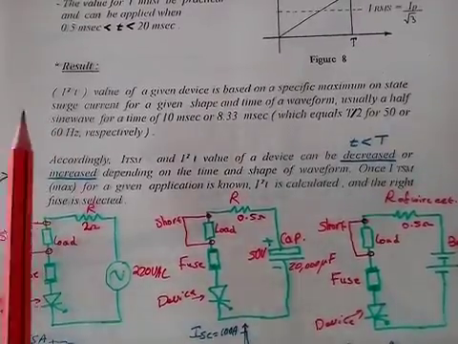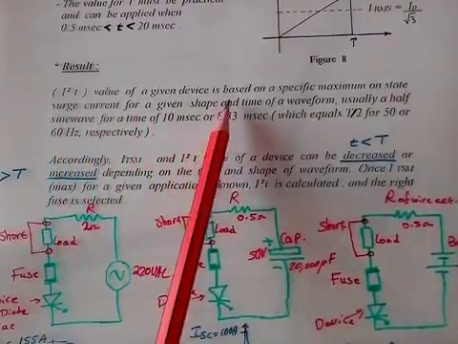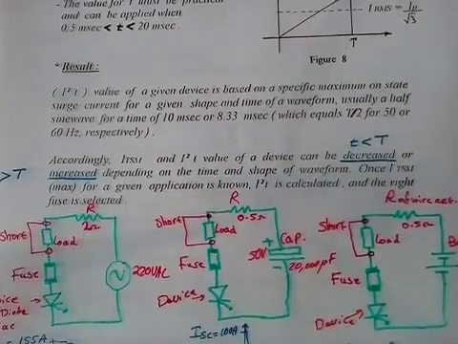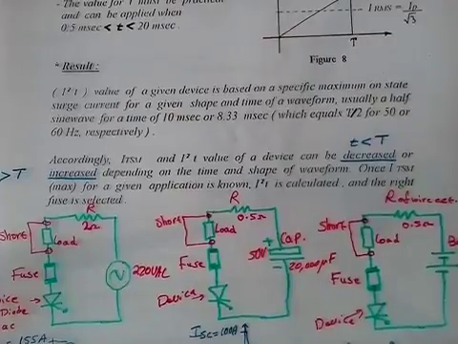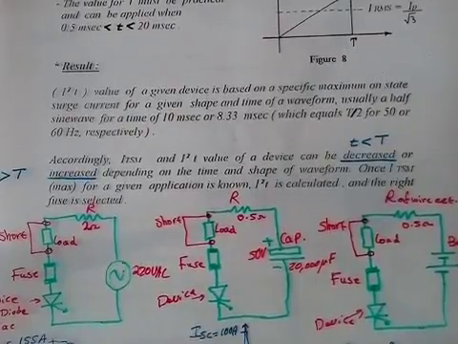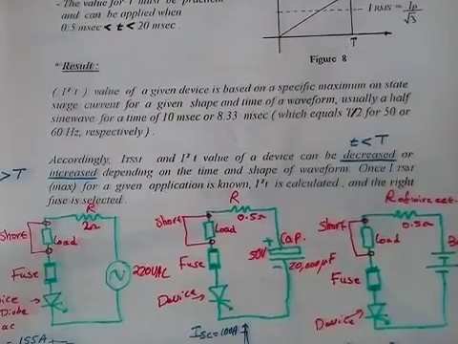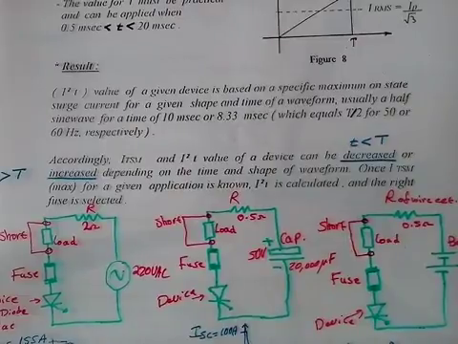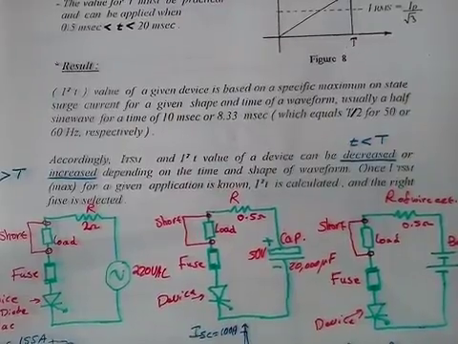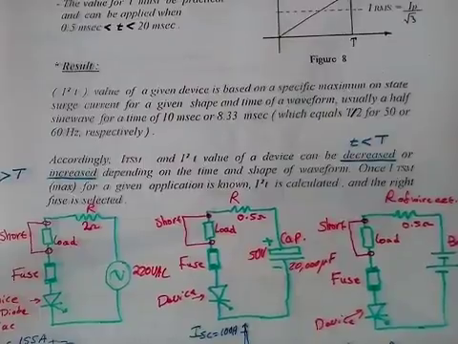Now the result. The I2t value of a given device is based on a specific maximum on-state surge current for a given shape and time of a waveform. Usually half sine wave for a time of 10 millisecond or 8.33 millisecond, which equals T over 2 for 50 or 60 Hertz respectively.